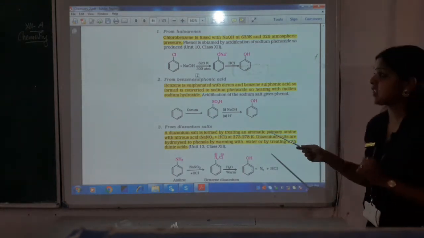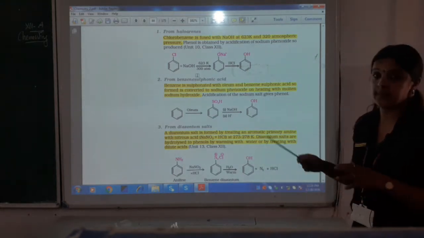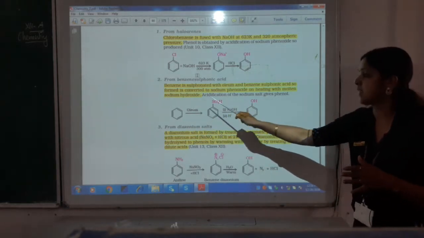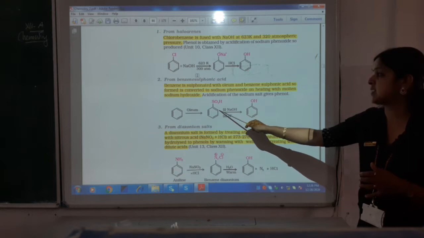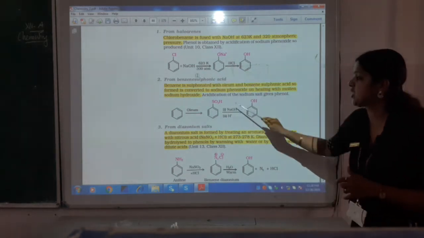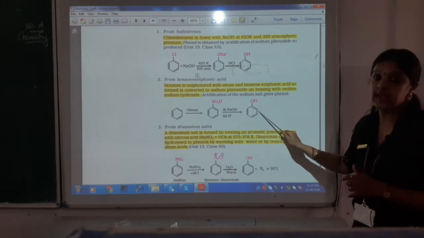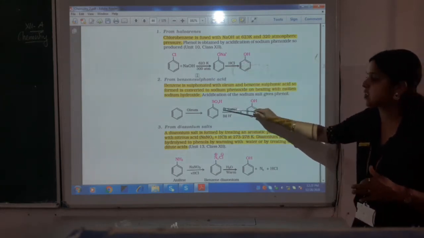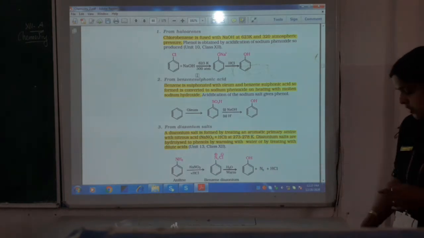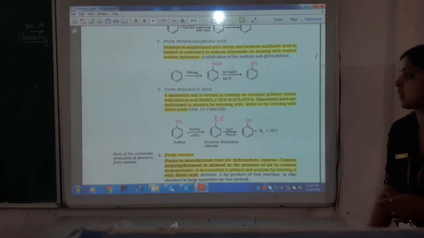The next reaction is from benzene sulfonic acid. How do we get it? Benzene, on treatment with oleum, gives benzene sulfonic acid, which again when treated with NaOH and HCl, you get your phenol. So if you learn the first reaction, slowly you can learn your second reaction as well. The next one is with diazonium salt.